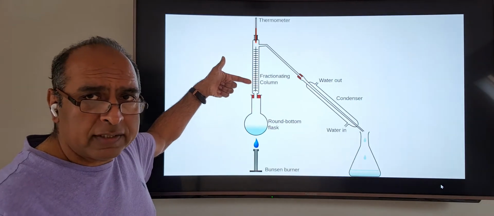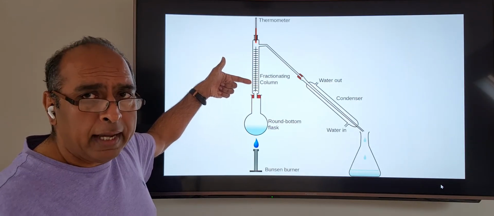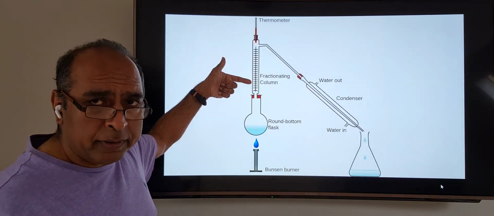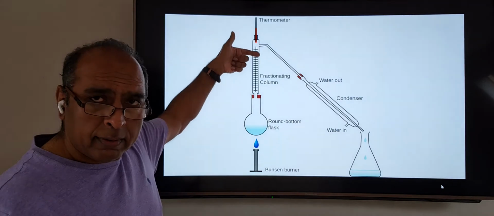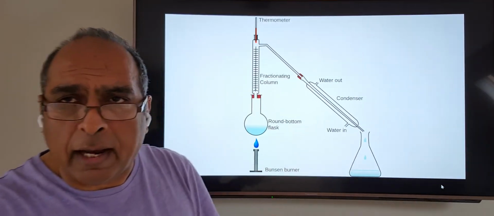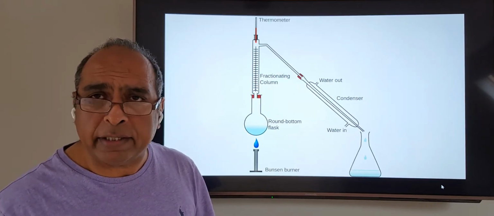Now, this is the clever bit. As the 78 degree alcohol vapors go up, the fractionating column takes a bit of time, but it will reach a temperature of 78 degrees.